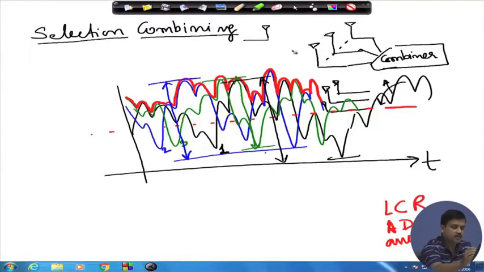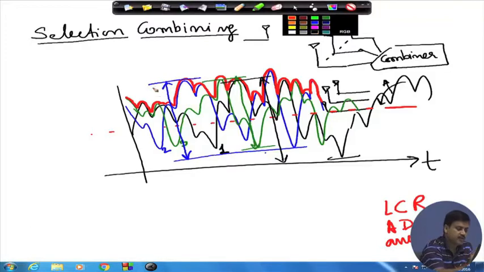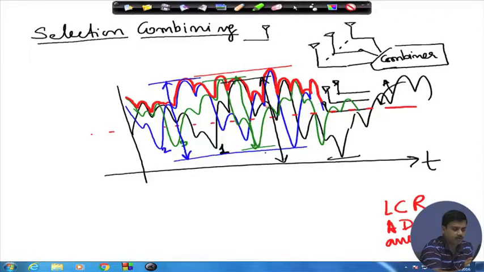If instead we compare the dynamic range of the red signal, the max value is somewhere here and the mean value in this picture is somewhere there. So, what has happened? The dynamic range of the combined signal has also reduced.